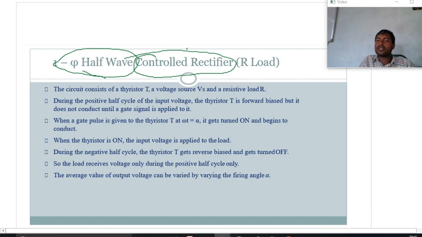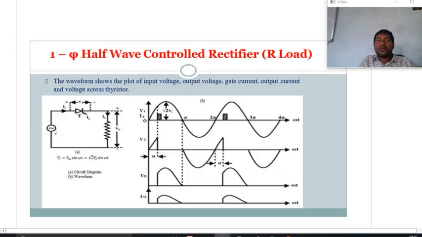This is the AC supply, nothing but V input. So I am writing here V input is equal to Vm sin omega t. So this is Vm. Vm is changing with respect to the sine wave.